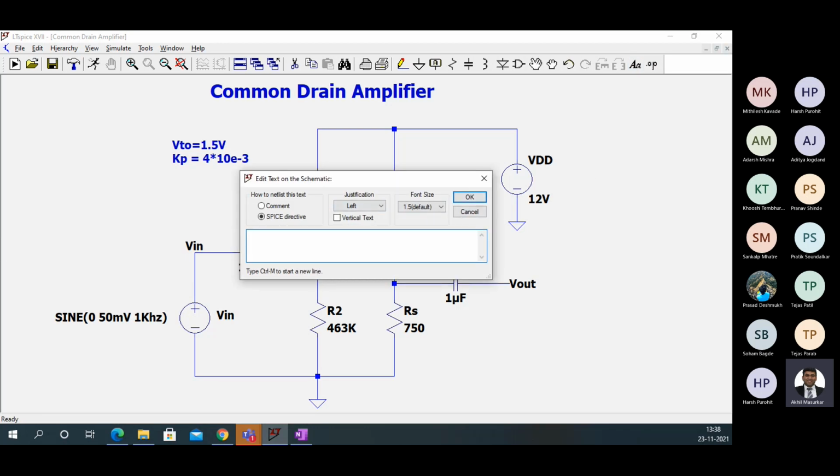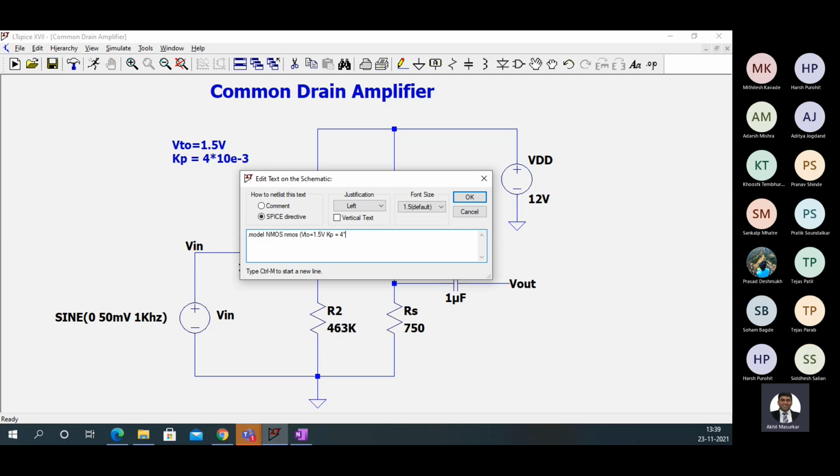We can write the model here, that is .model NMOS, is NMOS with the VTO equal to 1.5 volts and Kp equal to 4 into 10 raised to minus 3.